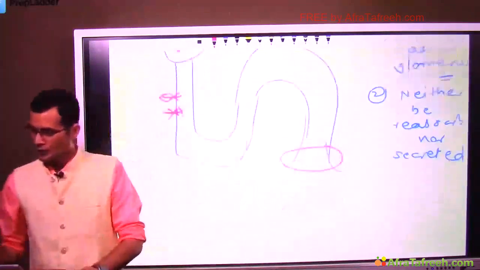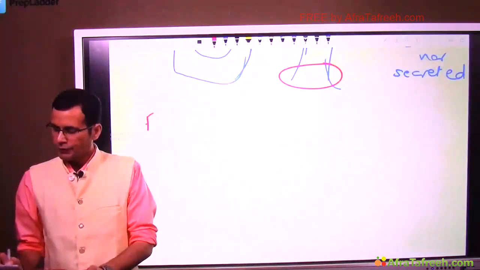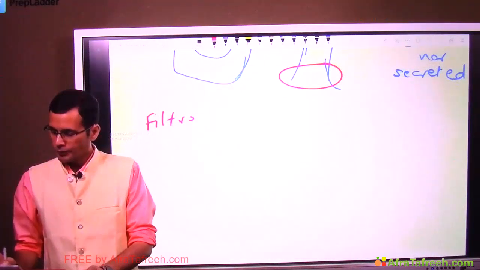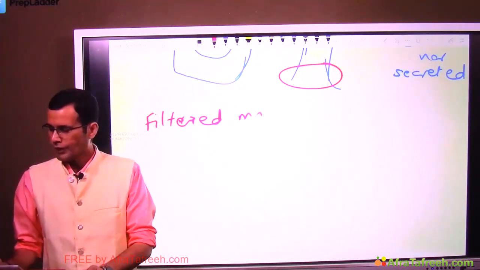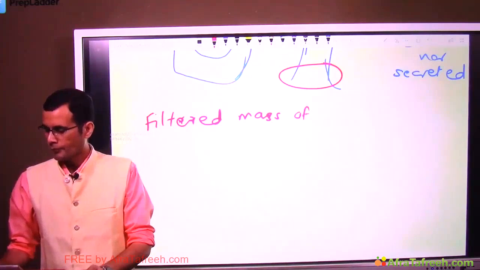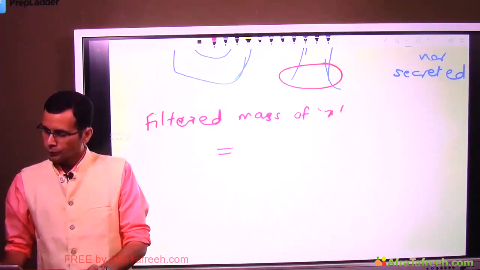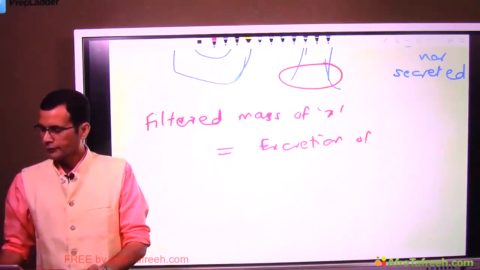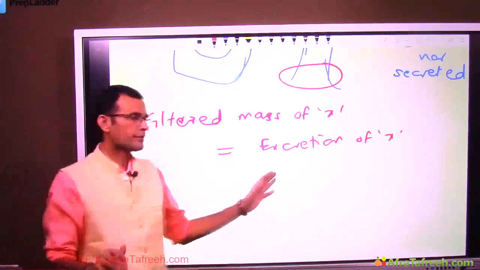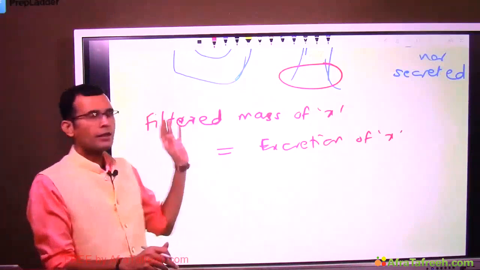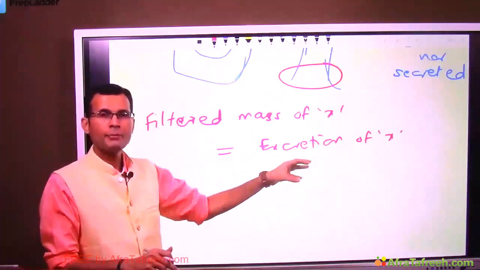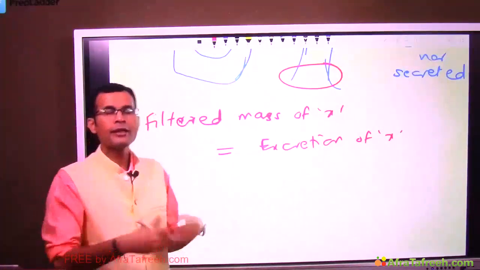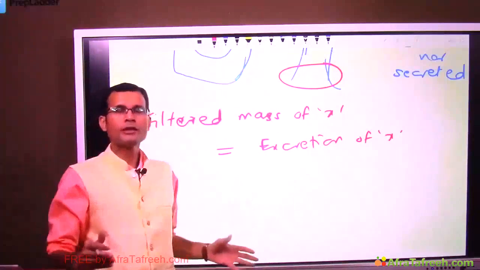So filtered mass of X per unit time will be equal to excreted amount of X per unit time.